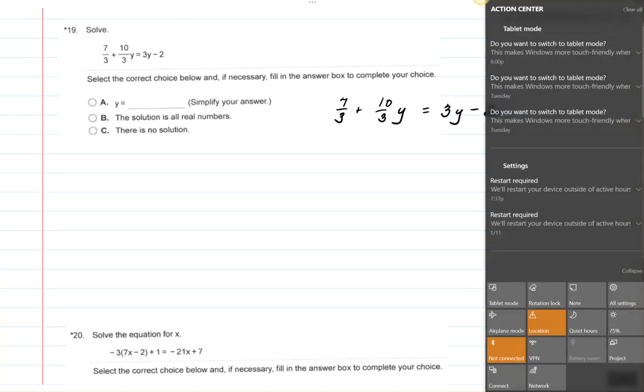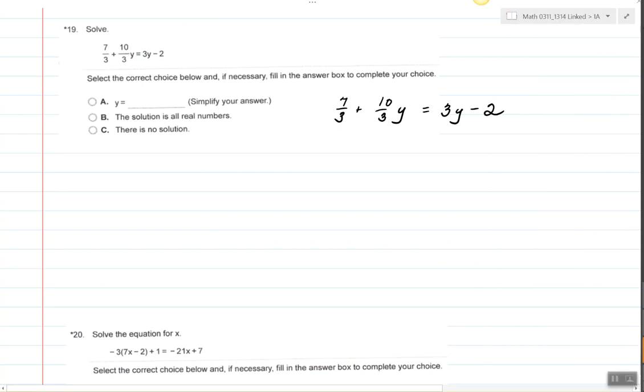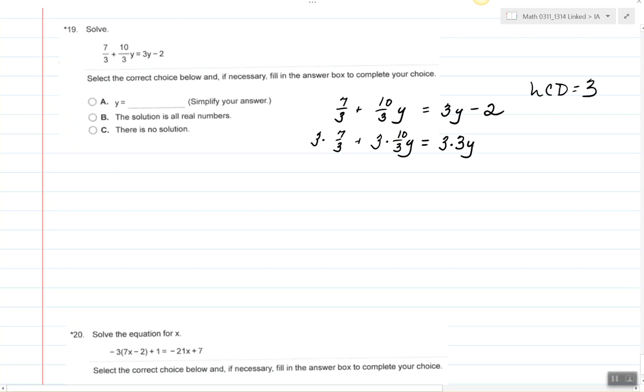The least common denominator, the LCD, is 3. So I will multiply 3 times 7/3 plus 3 times 10/3 y equals 3 times 3y minus 3 times 2.